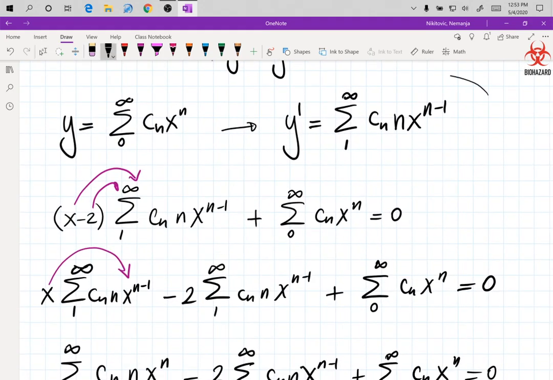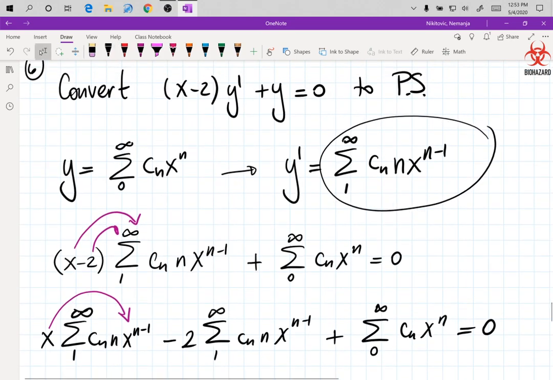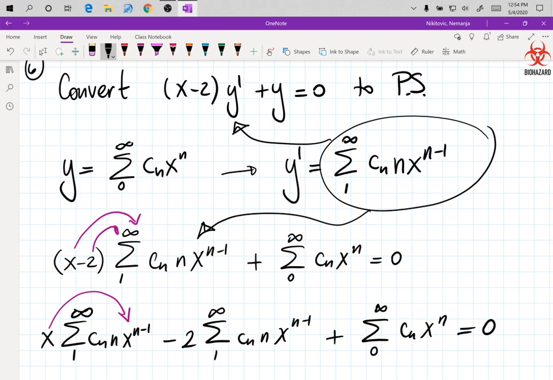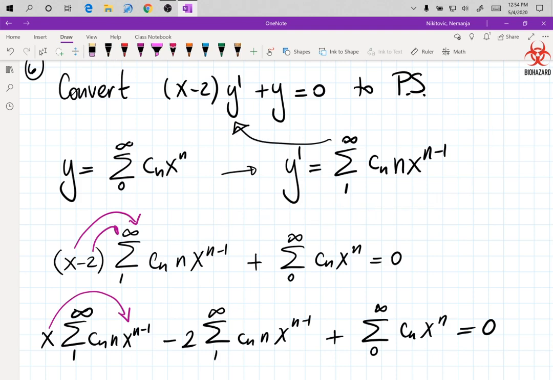This is where we used it. And that goes here. Because that's the derivative. I'm not sure where you're pointing to.